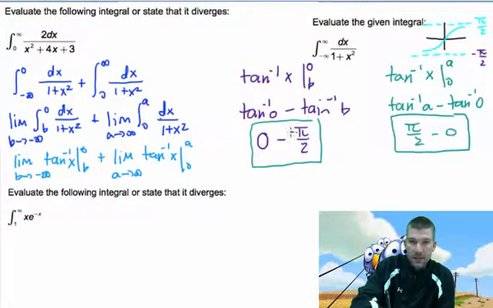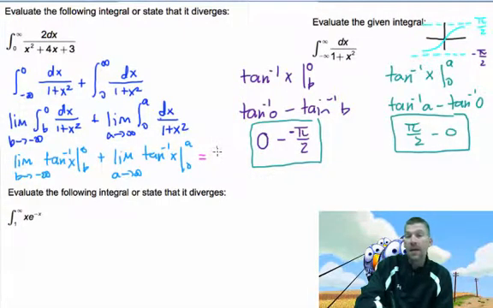So minus negative pi over 2. There we go. We're good to go now. Now add these two guys up. So when I look at this limit, I'm going to have negative pi over 2 plus pi over 2, and pi over 2 plus pi over 2 is pi.